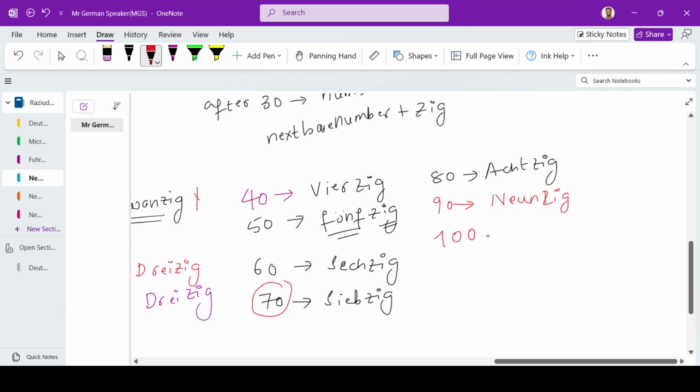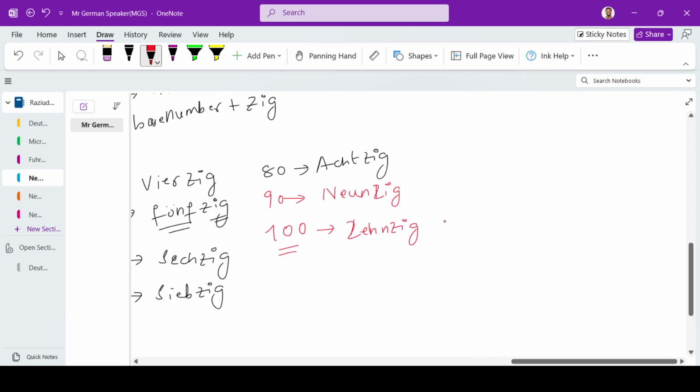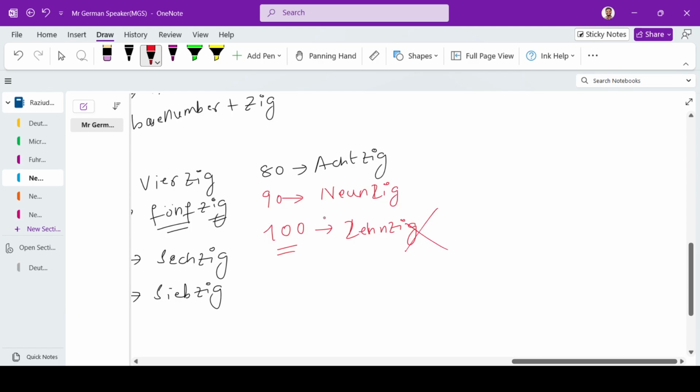What about 100? Do we need to write the number 10 and will it be like zehnzig? Is it correct? No, it's 100% wrong. So 100 will be called, it's very simple, hundert.